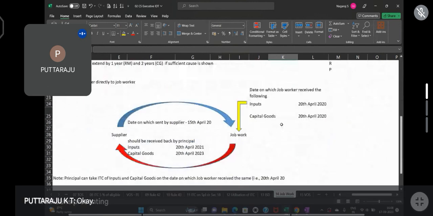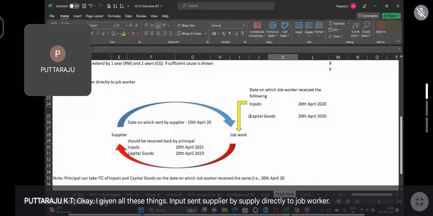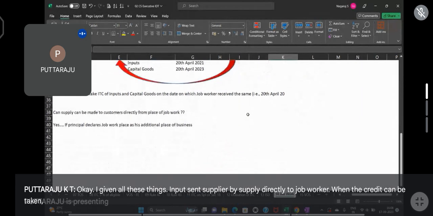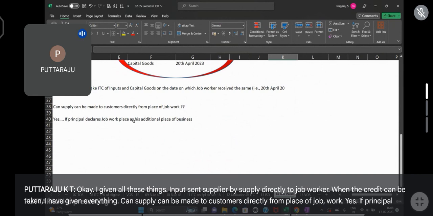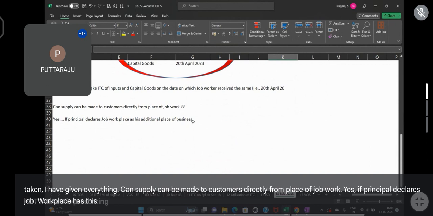Okay, I have given all these things. Input sent by supplier directly to the job worker. When the credit can be taken, I've given everything. Supply can be made to customers directly from place of job work. Yes, if principal declares job work place as his additional place of business.